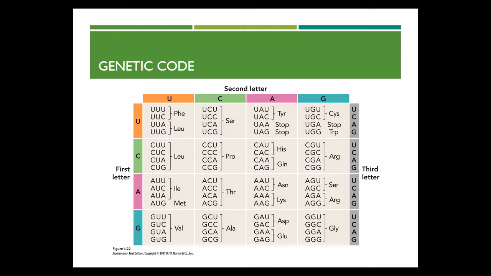There are a total of 64 codons, which consist of a set of 3 nucleotides. Of the 64 codons, there are 3 that exist as a stop message.